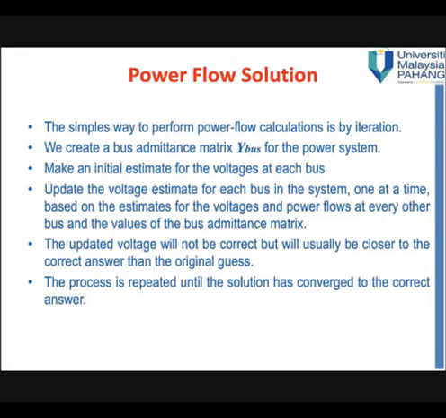Okay, and then the simplest way to perform power flow calculation is by iteration. That's why it will require iterations, meaning that if you make a mistake at the beginning of your calculation, your solution will be wrong all the way.